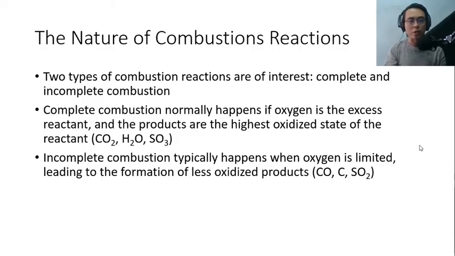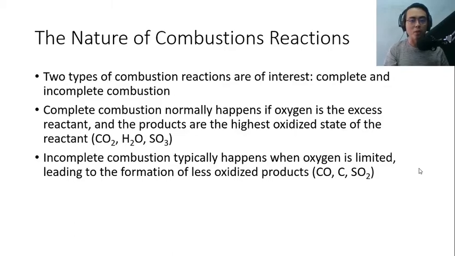Now, if you start seeing some components of the product stream that are not fully oxidized, examples of those are carbon monoxide, elemental carbon, and SO2, that means that you have a lack of oxygen in the process, or there is some inefficiency wherein the oxygen cannot get into the fuel efficiently. That's why you have an incomplete combustion.